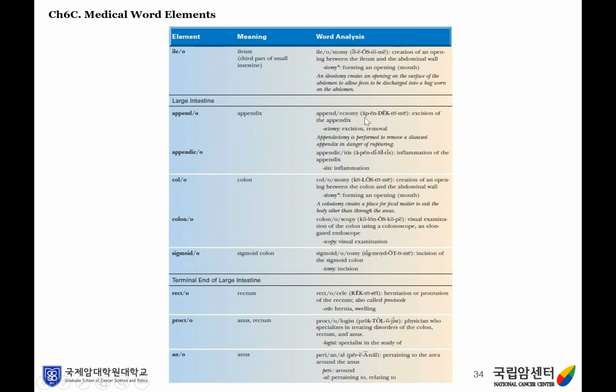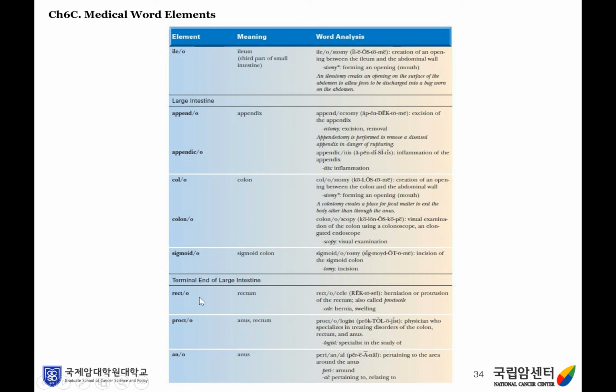Jejun means jejunum. Ile means ileum. And as for the large intestine, append means appendix. So appendectomy means the excision of the appendix. Col or colon mean colon. Colostomy, in here stomy means forming an opening. So colostomy indicates the creation of an opening between the colon and the abdominal wall.